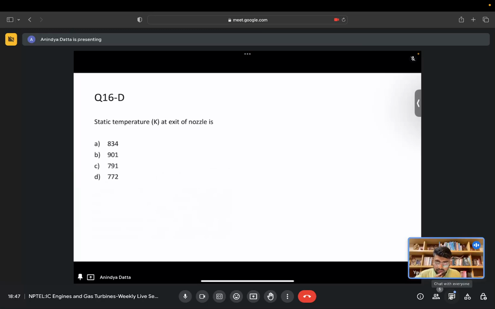Now the question is about the static temperature at the exit of the nozzle. We know that the critical pressure ratio we got is 1.92. Now let's see what pressure ratio we are getting. Let's see what is P04 by P5.